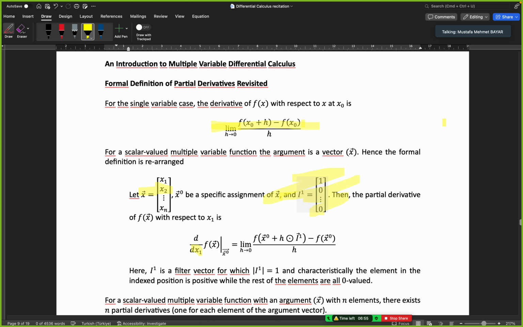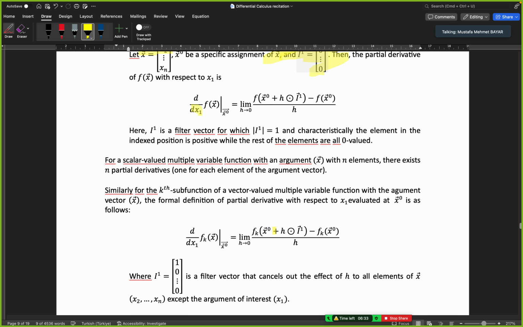So this is the reformulation of the partial derivatives for multivariable functions. If you just use the k-index, denoting this is the kth subfunction in a vector-valued multivariable function, then things just become like that. It's very similar.